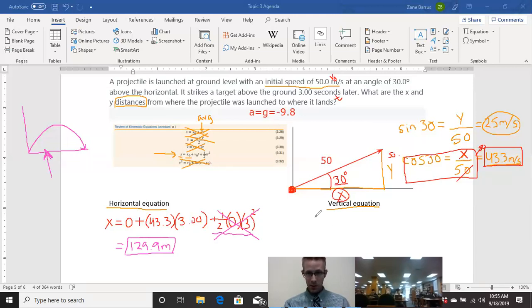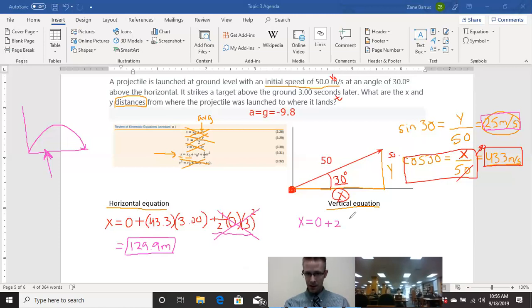So we're going to do the same equation that we chose up above, but we're going to plug in our g value for our acceleration. Okay, so just like we did for horizontal, x is equal to x naught. Once again, we're at the origin, so x naught is 0. We're going to add our v naught, which in the vertical case was this number up here. My vertical component was 25 meters per second.